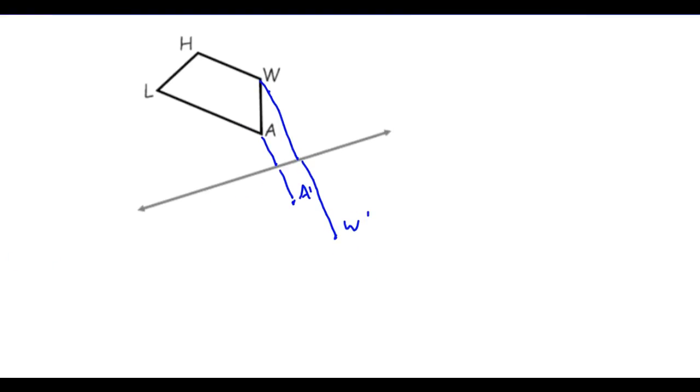You take L, and you find the perpendicular distance from L to the line, L prime, and H, find the distance from H to the line, then over to here. Mine is definitely a rough sketch.